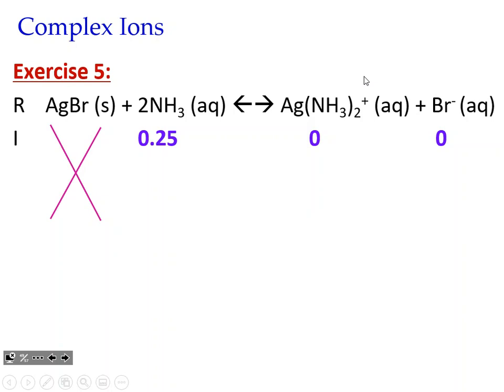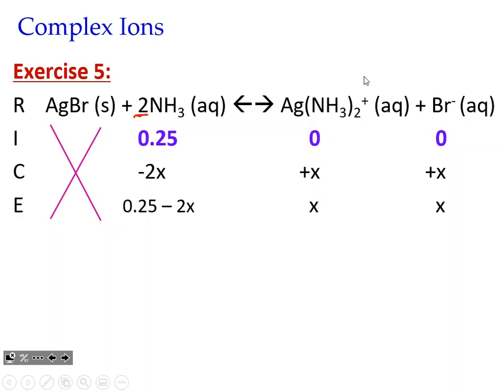Now we know that both the products are initially 0 when we're dumping the silver bromide in there, so we know it's going to shift to the right. We don't have to do a Q calculation here. That means we're going to subtract 2x from the ammonia since its coefficient is a 2, and add x to both the products because they're 1 to 1.